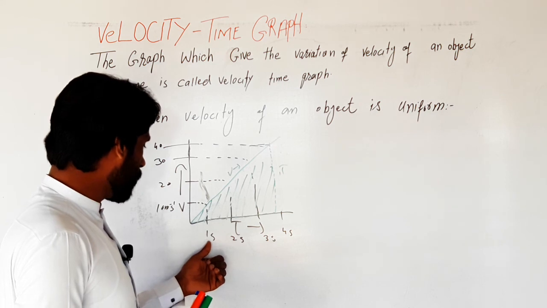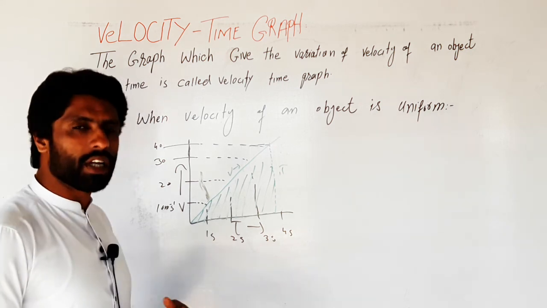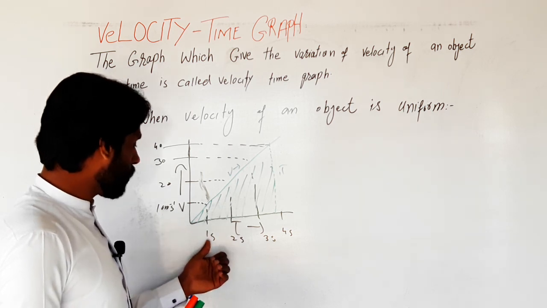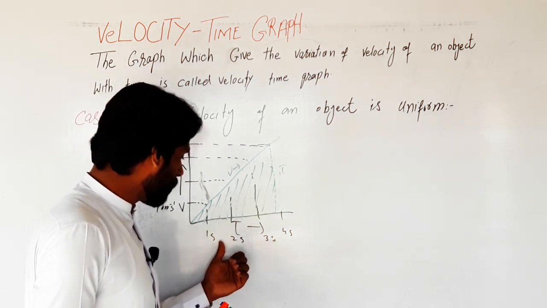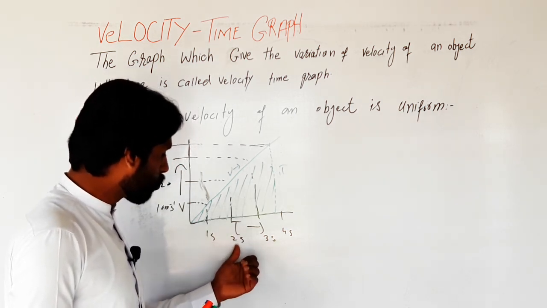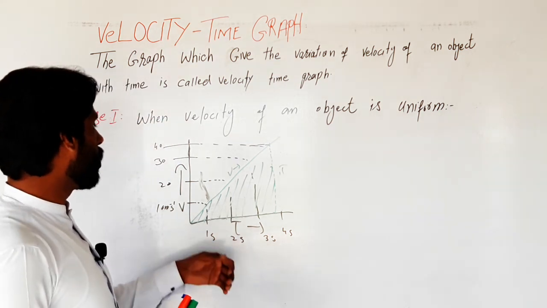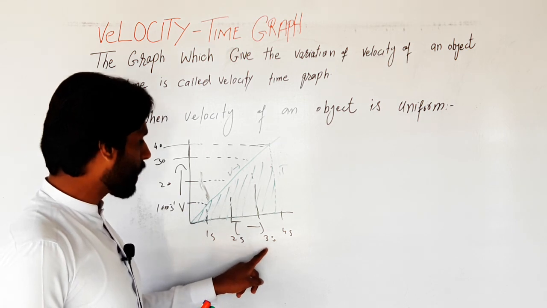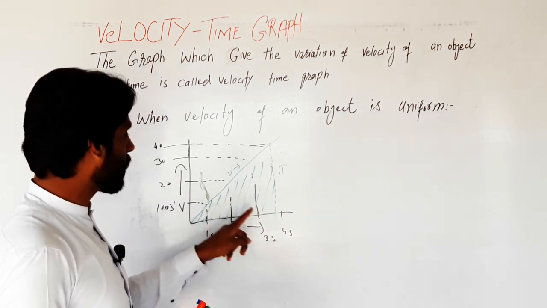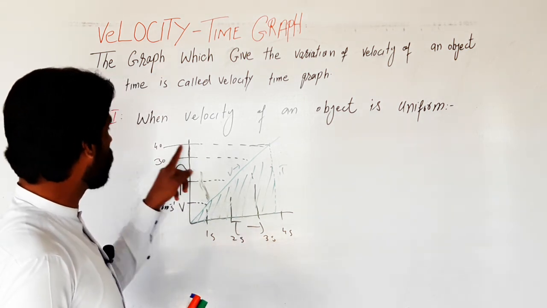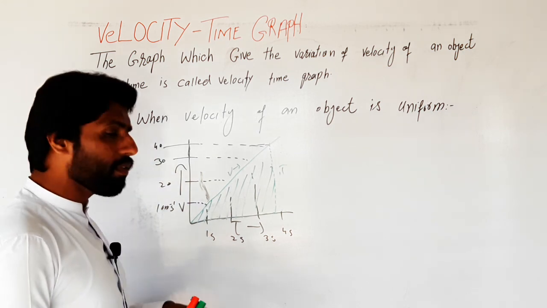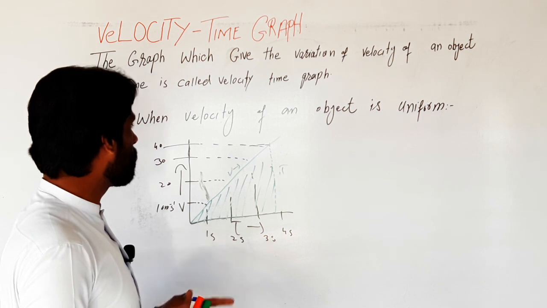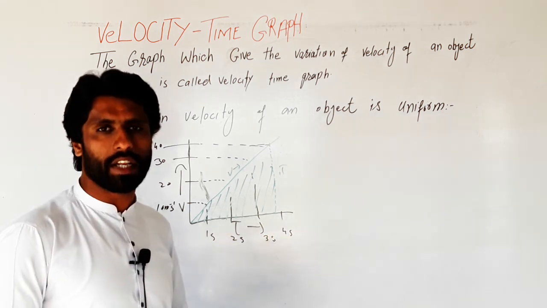For example, in the first second the velocity of the object is 10 meter per second, at 2 second it reaches 20 meter per second, at 3 second 30 meter per second, and at 4 second 40 meter per second. Every 1 second the velocity increases by 10 meter per second, meaning there is a uniform change in velocity.